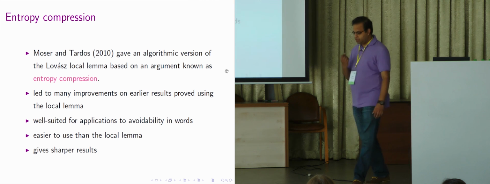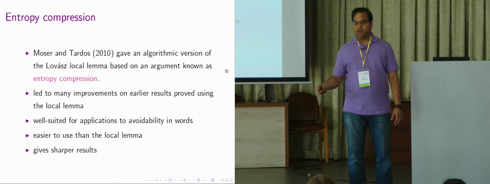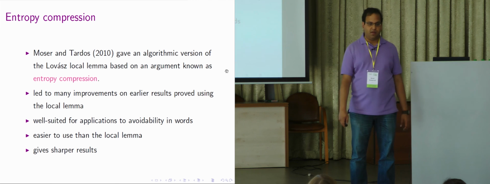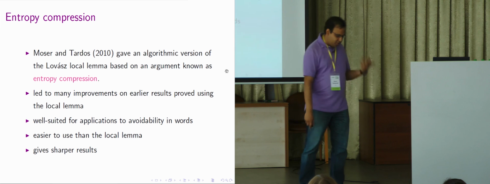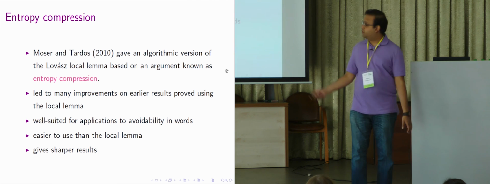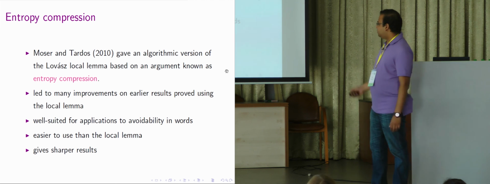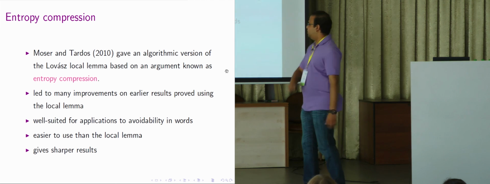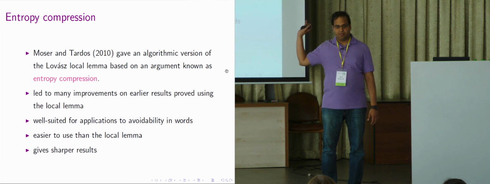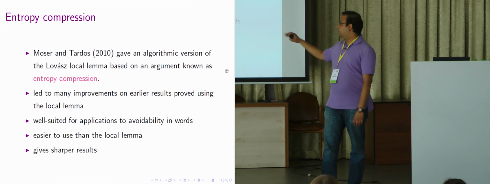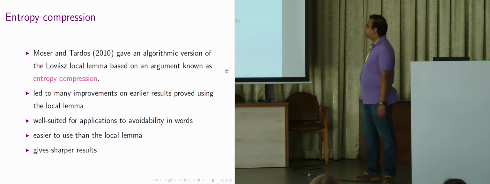And then a few years ago, Moser and Tardos gave an algorithmic proof of this Lovász local lemma. And the proof technique that they used, people have been calling it the entropy compression method. So this was a very influential paper. And after it was published, many papers and results were proved using this technique.